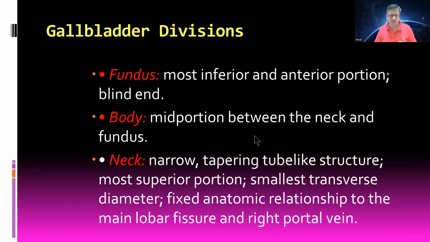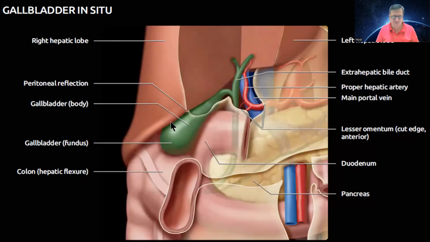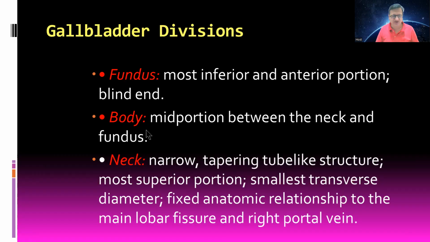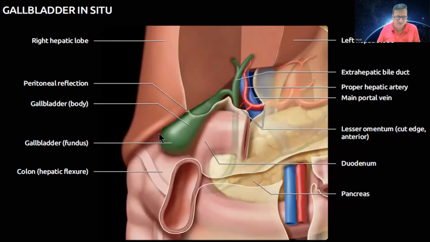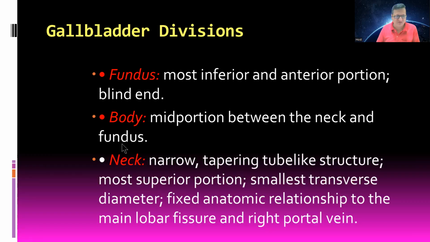So what are the divisions of the gallbladder? Gallbladder has three divisions: fundus, that is the most inferior and anterior portion of the blind end. So this is the fundus. Then second is body, which is the mid portion between the neck and fundus. So this is the fundus, this is the neck, and the area between these is the body of the gallbladder. Then neck.